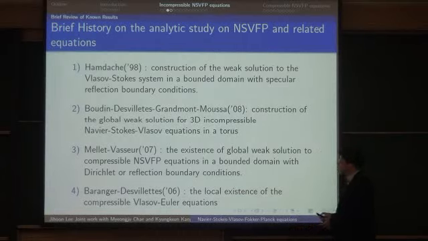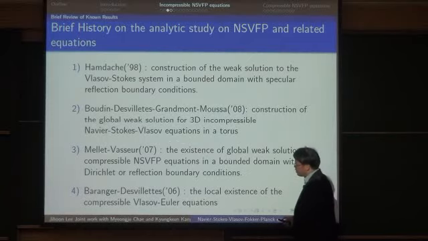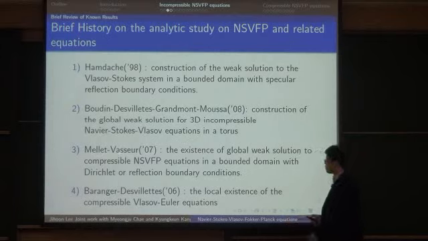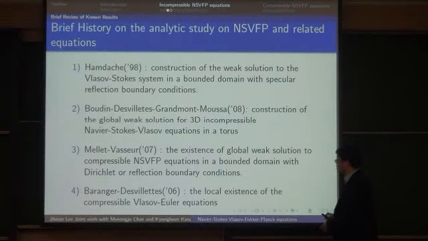Also, using the same way, we can construct global weak solutions for the 3-dimensional incompressible Navier-Stokes-Vlasov-Fokker-Planck equations. And in 2007, Mellet and Vasseur proved the existence of global weak solutions for the compressible Navier-Stokes-Vlasov-Fokker-Planck equations in a bounded domain with Dirichlet or reflection boundary conditions.